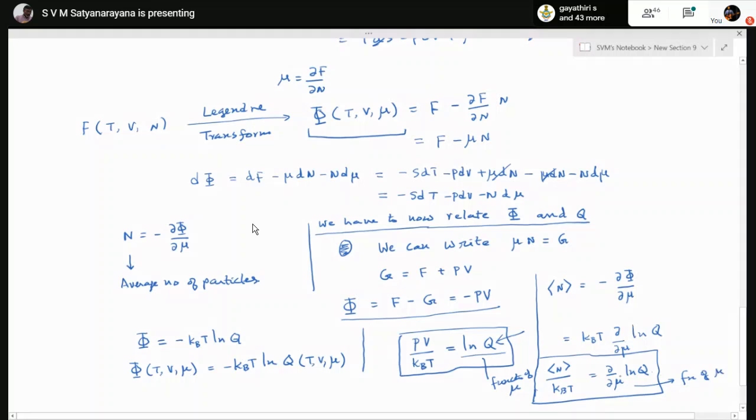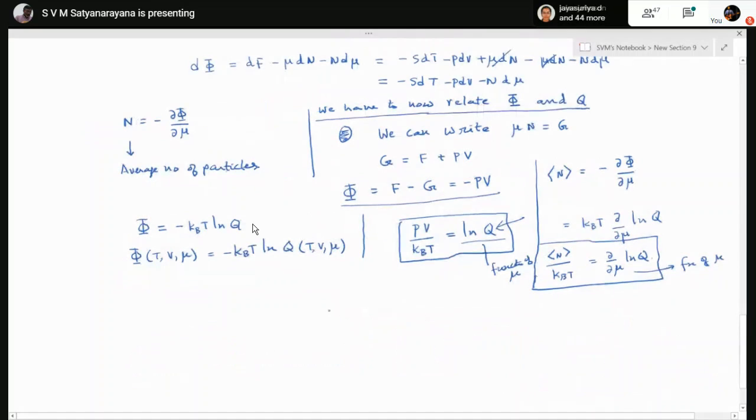Now between these two equations, namely PV by kBT is equal to logarithm of Q, and N by kBT is equal to dou logarithm of Q by dou mu, you can eliminate the chemical potential.